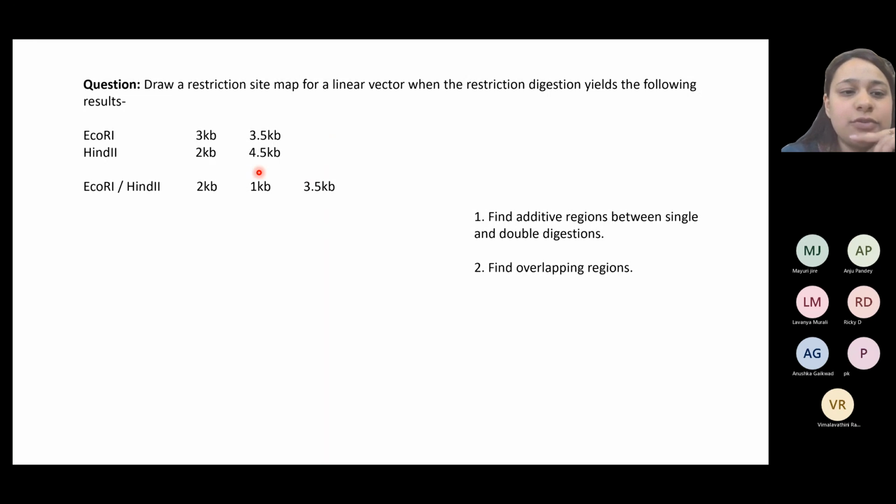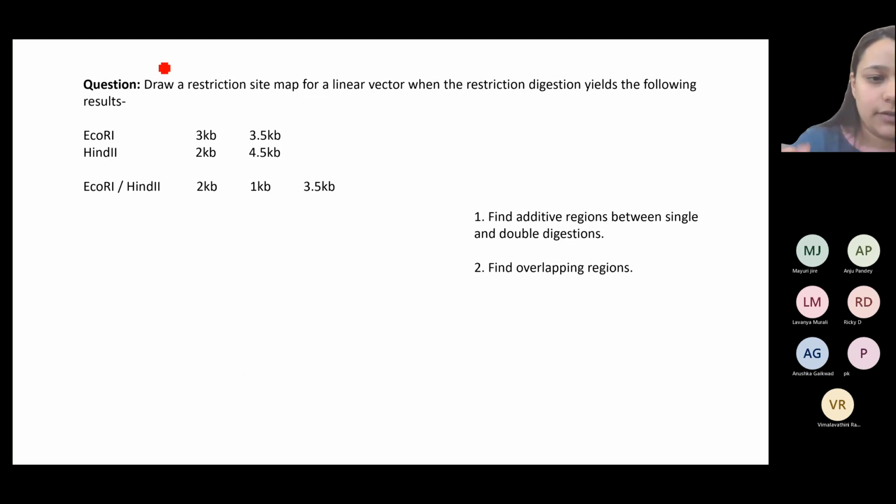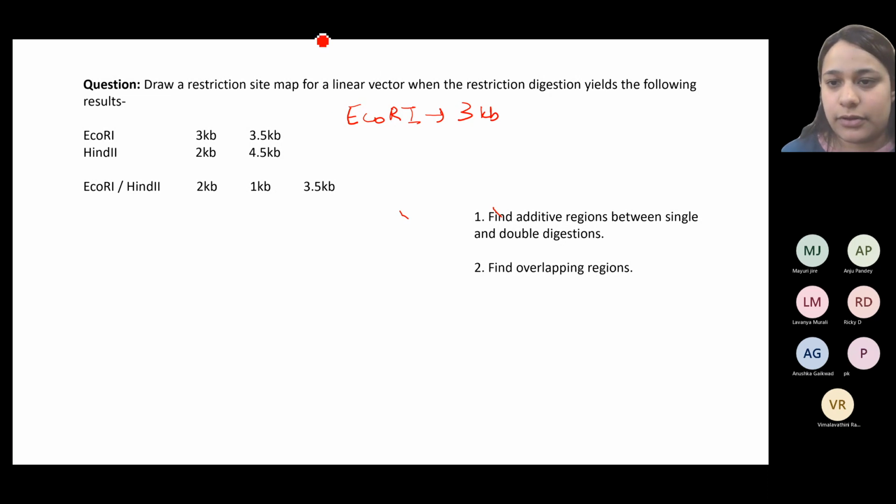For example, if I say EcoR1, it yields a 3 kb fragment and a 3.5 kb fragment, right?